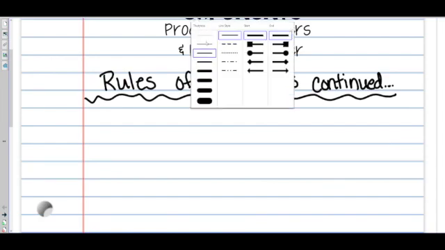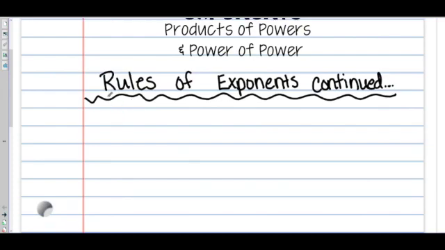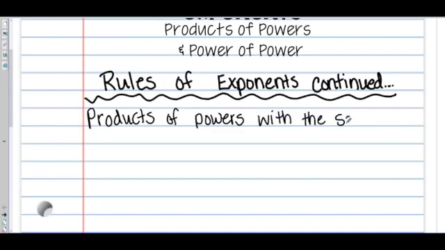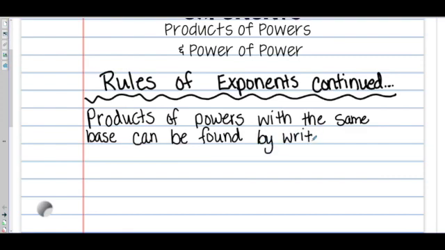Okay, so products of powers with the same base can be found by writing each power as repeated multiplication.